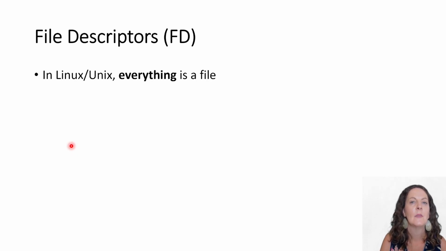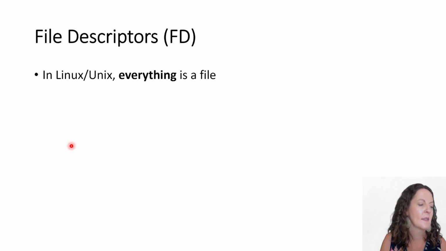In Linux, I said before, everything is a file. Your directories are files. It doesn't matter what the file extension is, they're all stored as files. So a file descriptor is a number. That's all it is. It's only a number on the operating system, and the operating system assigns it to an open file to keep track of it.